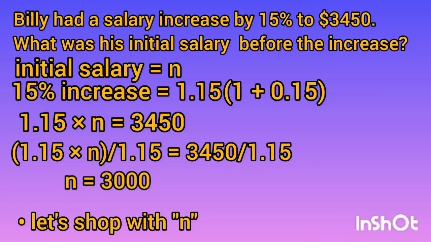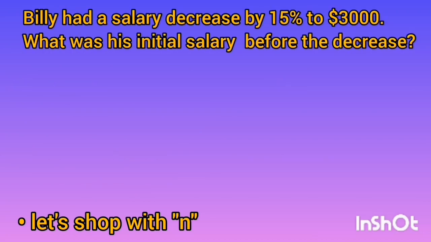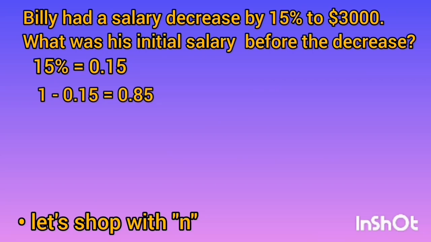So what if Billy's salary decreased by 15% to 3,000? We know the answer, but how will you do it? So once again, just like before, you convert 15% into a decimal, and this gives us 0.15. Since we are decreasing, we would subtract 0.15 from 1 to get 0.85.